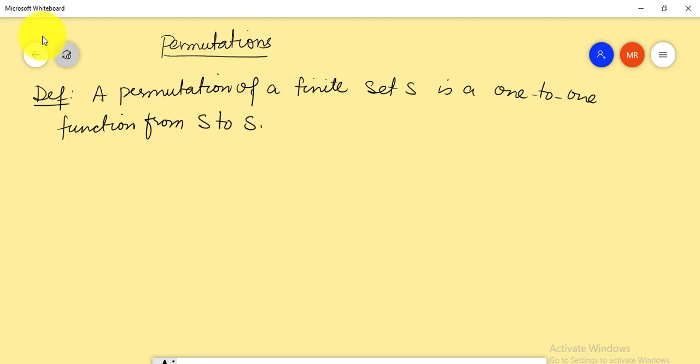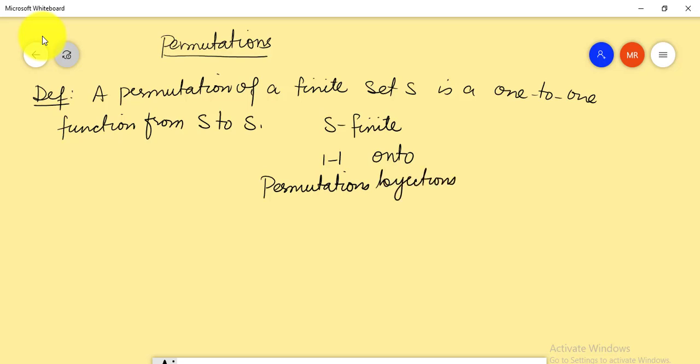And since S is finite, any one-to-one function from S to S will be onto, and hence permutations are bijections from a finite set S to itself.